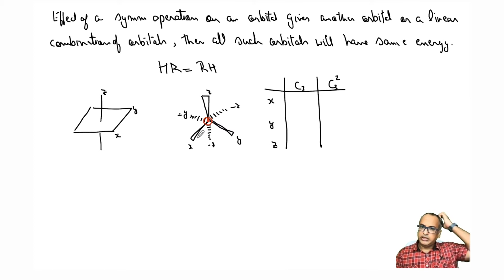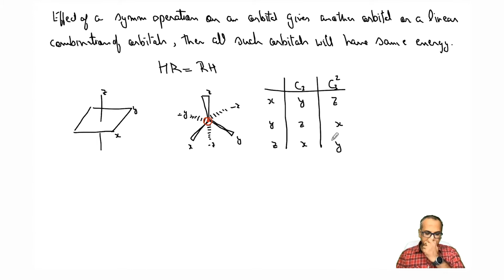So if we do C3 onto x, x goes to y, right? If we do C3 square, x goes to z, y goes to x, z goes to y.